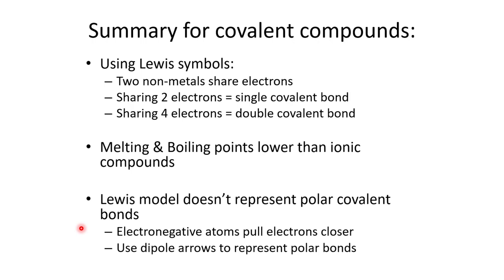The Lewis model does a poor job at representing polar covalent bonds. In order to do this, you will need to examine the electronegativity of the atoms to see which one pulls the electrons closer to itself, and when that happens, you will use a dipole arrow to represent the polar covalent bonds and use the delta plus, delta minus to indicate the partial charges.